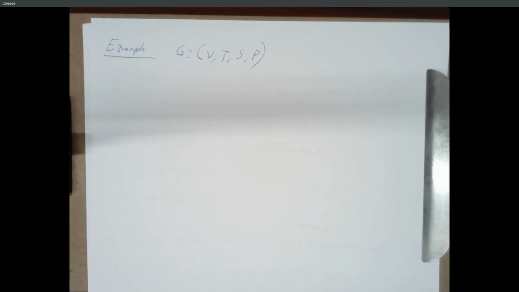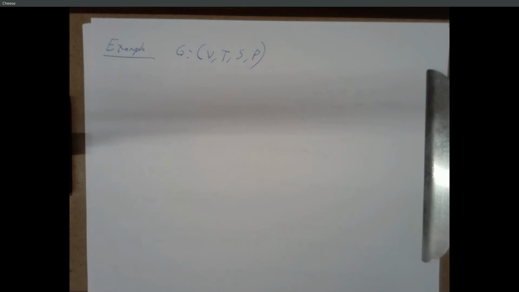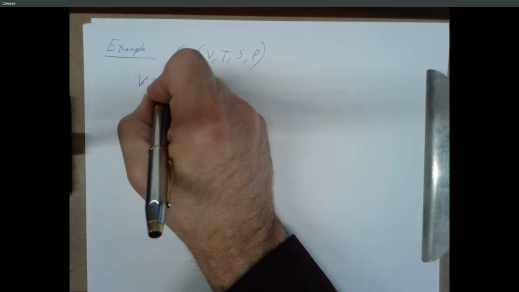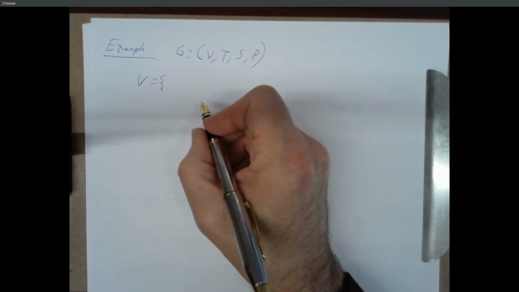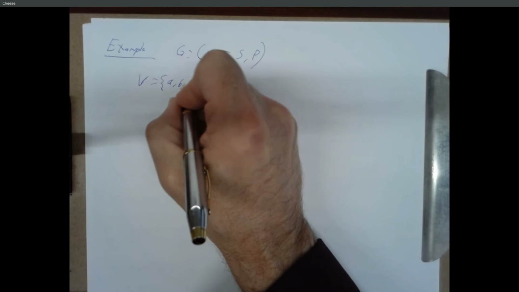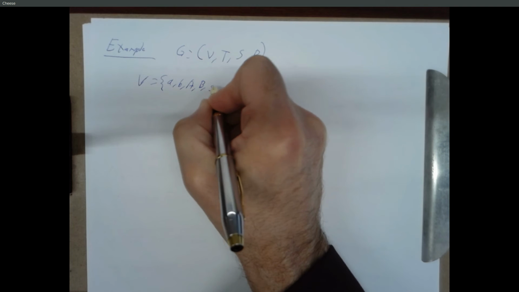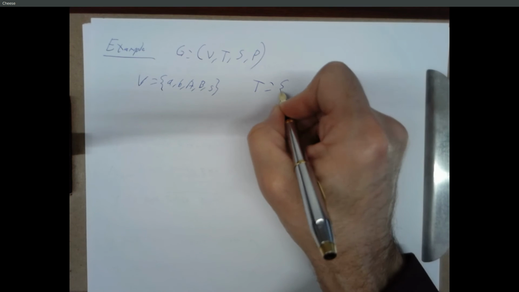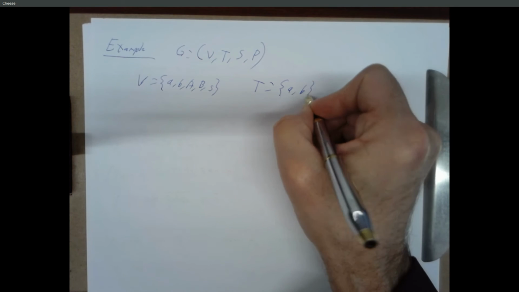So let's describe a grammar, V, T, S, P. V is going to be the following set: little a, little b, big A, big B, and S. T is going to be the subset little a, little b.